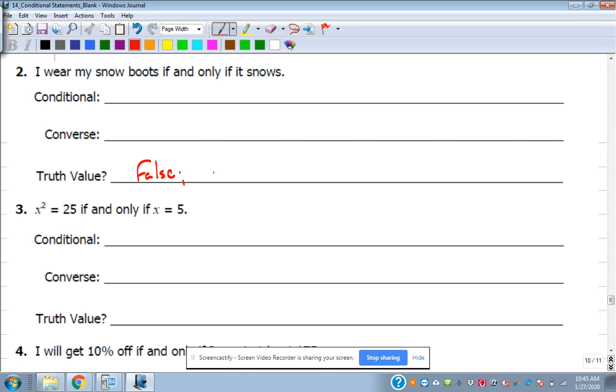And explaining would be: the conditional was false. We know that to be true as a biconditional statement, you have to have both the conditional and the converse being true. It doesn't matter what the converse was. We can go ahead and talk about it. If it snows, then I wear my snow boots.